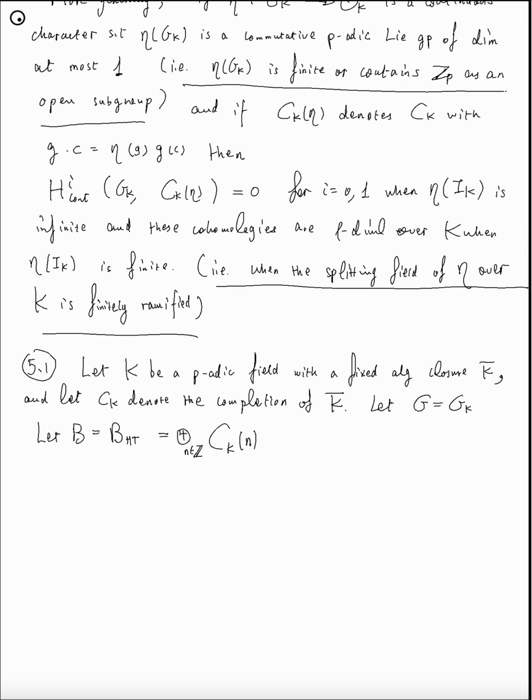So this gives you both the structure as a Galois representation and as a C_K module, with its natural J action.